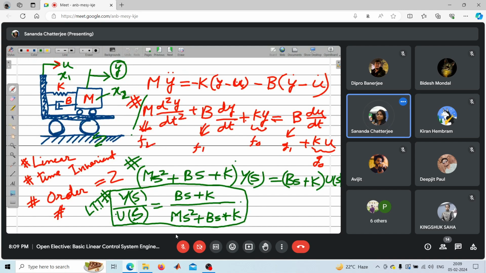You see, this is x2 dot, which is a function of this. This will be minus b by m.